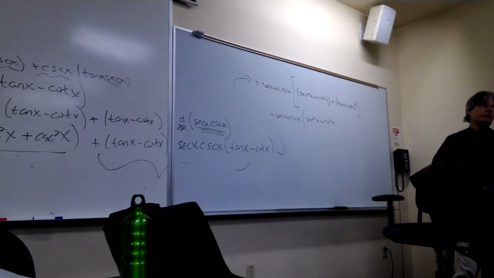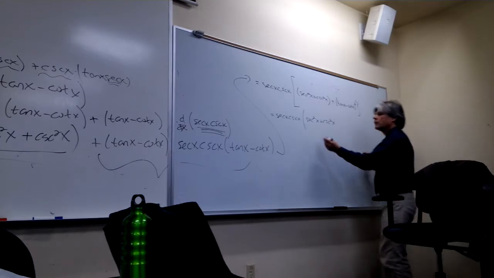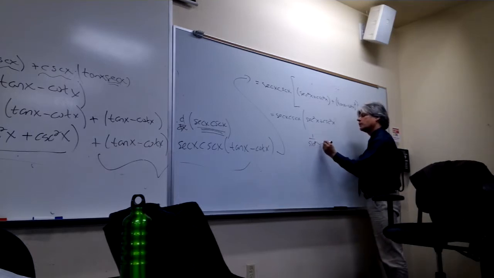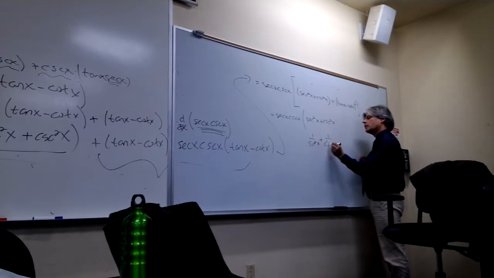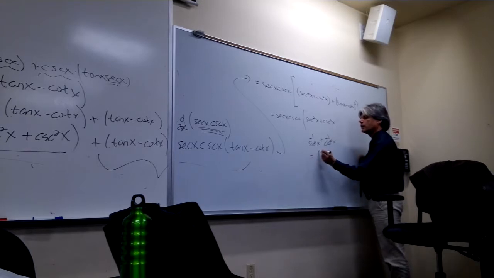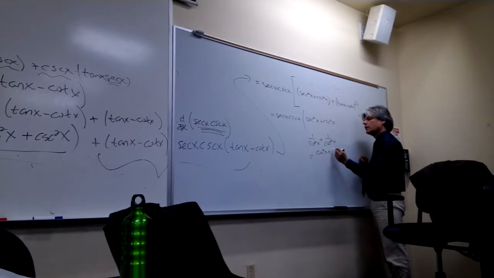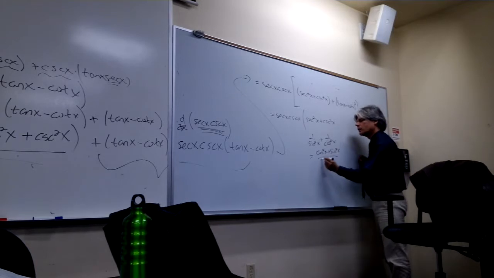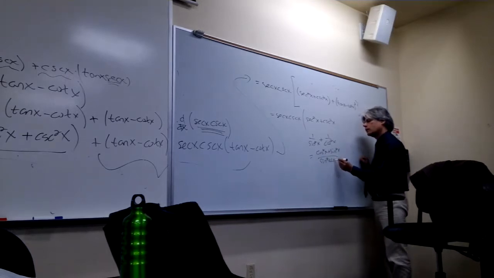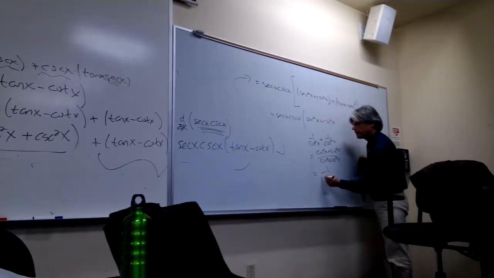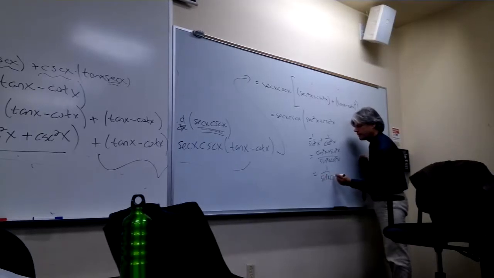Well, if 1 is just 1 over 1, and secant squared of x is just 1 over cosine squared of x, cosecant squared of x is just 1 over sine squared of x.